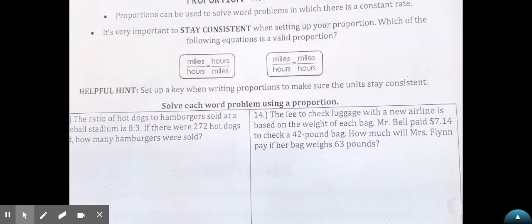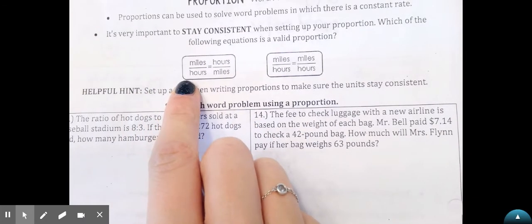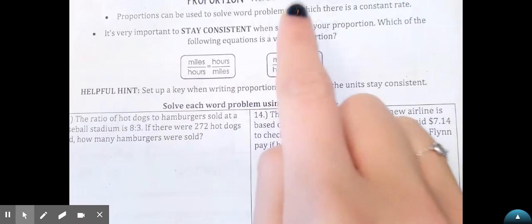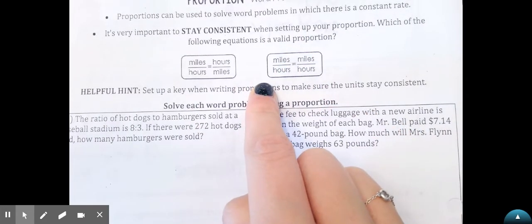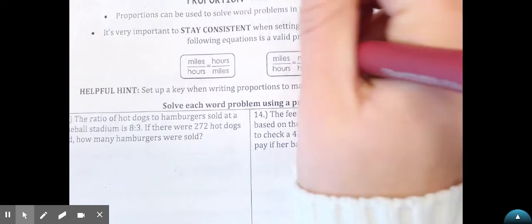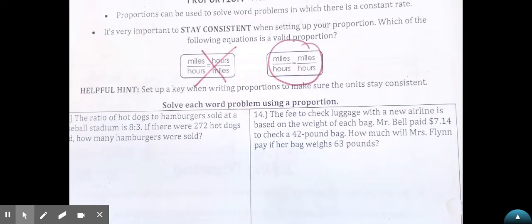So two completely equal fractions. Well, miles over hours is totally not equivalent to hours over miles. But miles over hours is absolutely equal to or the same or equivalent to miles over hours. That's consistency, and I'll go over what that means when setting up the proportions in number 13 and number 14.